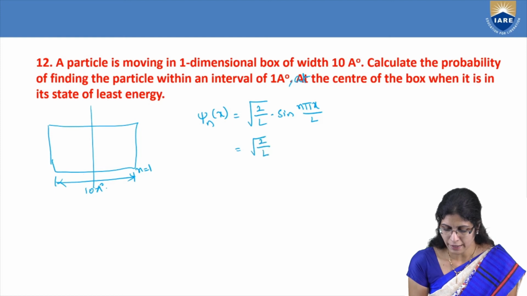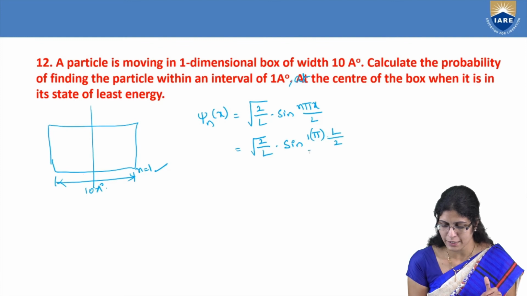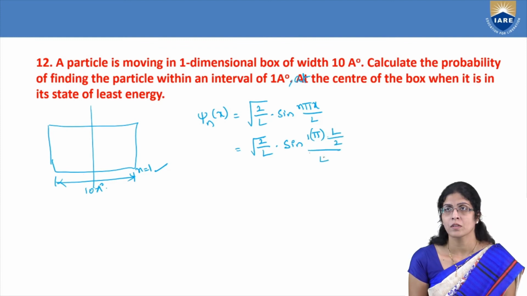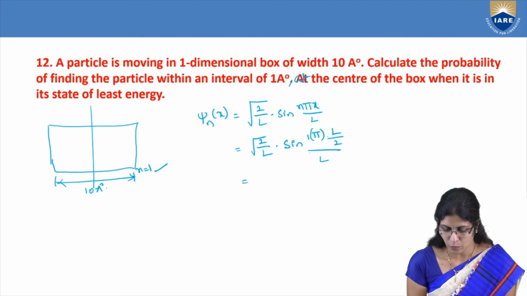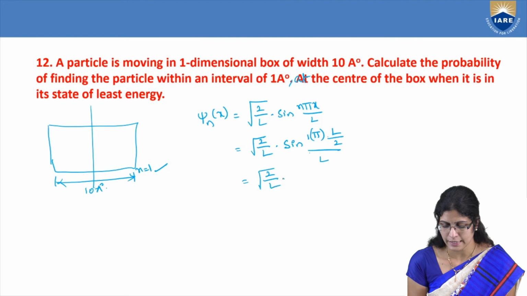Under root of 2 by L sin, n is given as 1. So 1 into pi into x is what? At the center of the box. So L by 2 over L. So you will be left over with sin pi by 2. So L and L get cancelled. Sin pi by 2 is what? 90. So you are left over with sin 90 is 1.